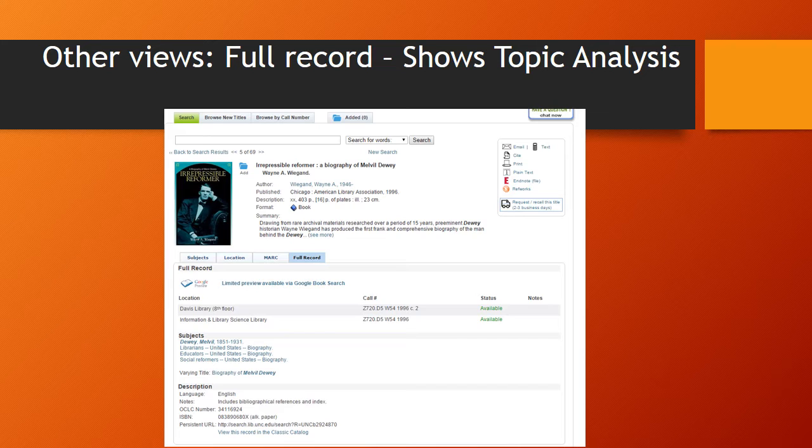So here's that full record for this particular book. Notice it includes information that is beyond what Taylor and Joudre said were the basics of description. It tells us what the language is. It tells us about notes that are included. It tells us what the OCLC record number is.